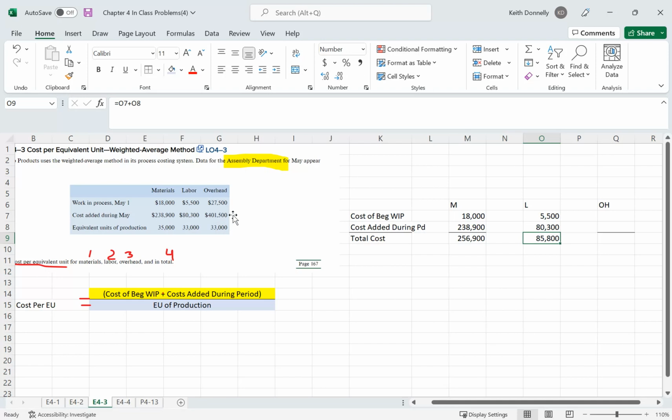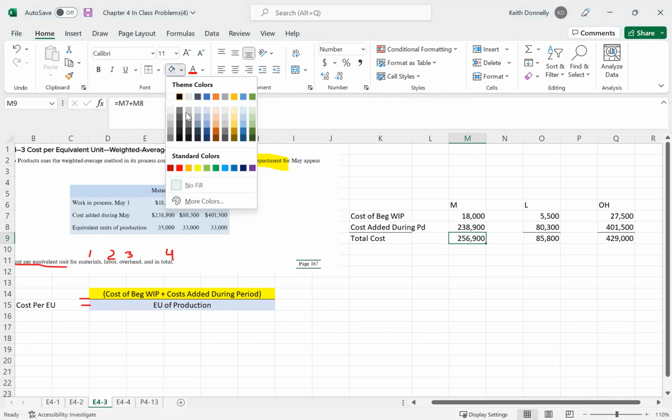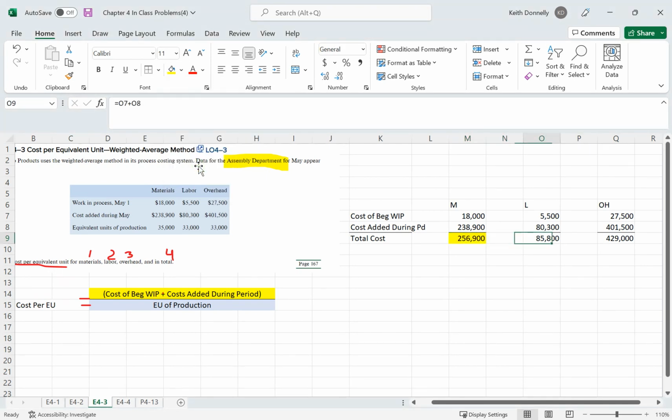Looks like we added 4,015. Looks like we're going to be at 429,000. Let's make these yellow just to signify that we're talking about yellow down here. You add those two together, it's going to be the yellow numerator.